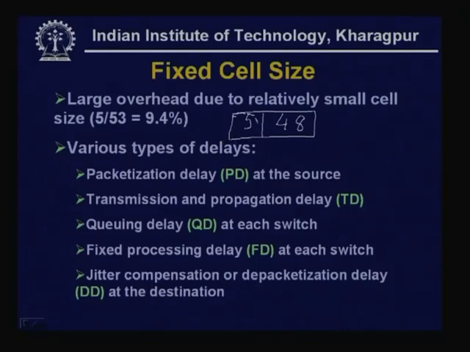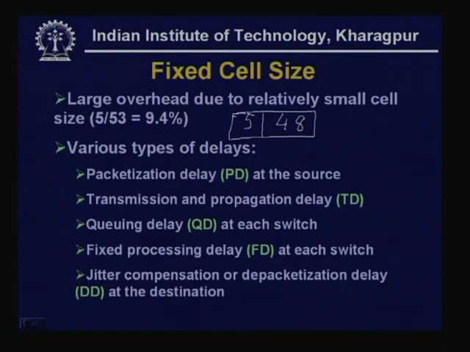So ATM has high overhead in terms of header, because of the bigger header relative to the size of the cell, but the advantages are actually more than the limitations imposed by this large overhead, as we shall see.